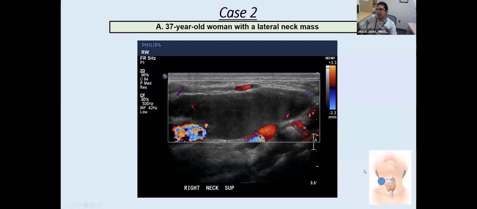And it's in a similar location to the previous mass. It's in level 2A. And based on radiology, the differential diagnosis includes an abscess formation or less likely a metastasis to a cystic node, but it also includes a branchial cleft cyst.